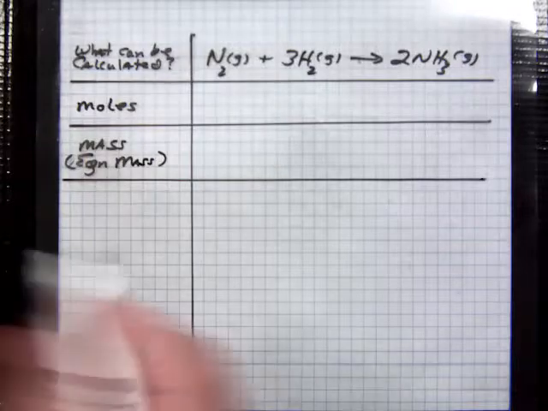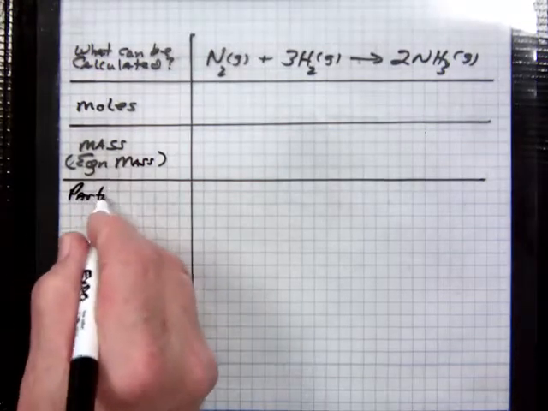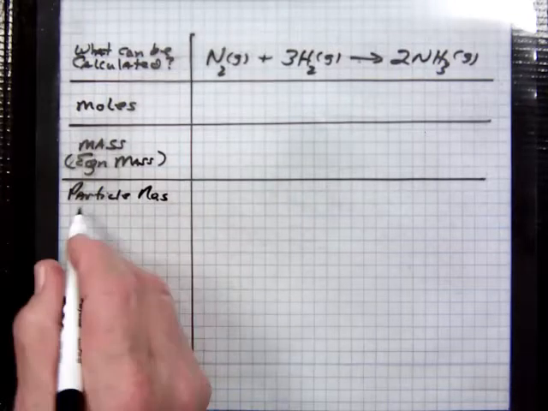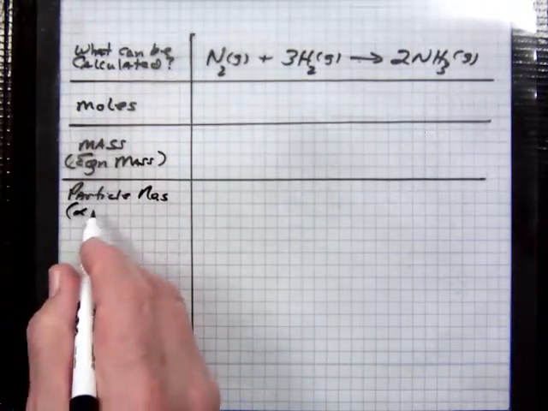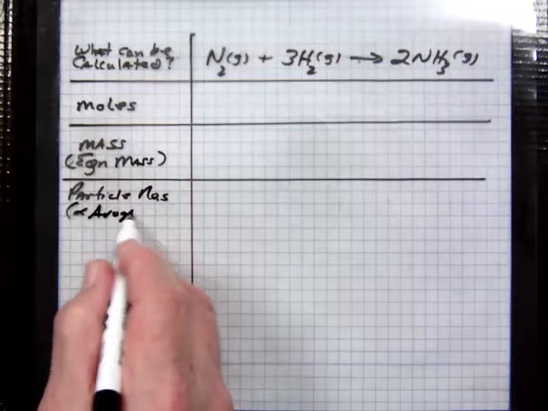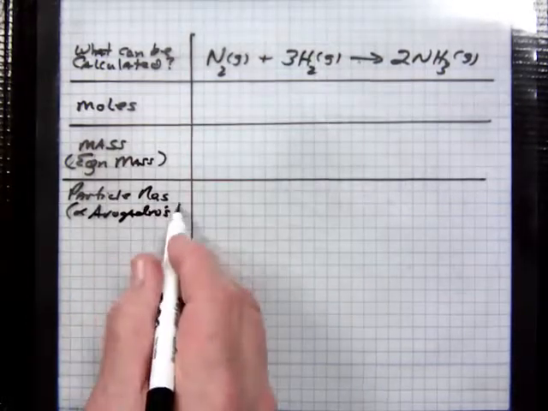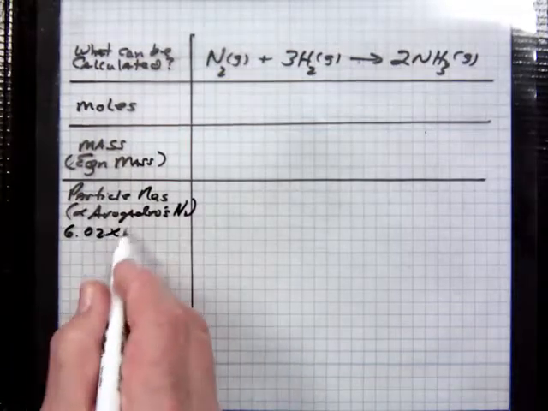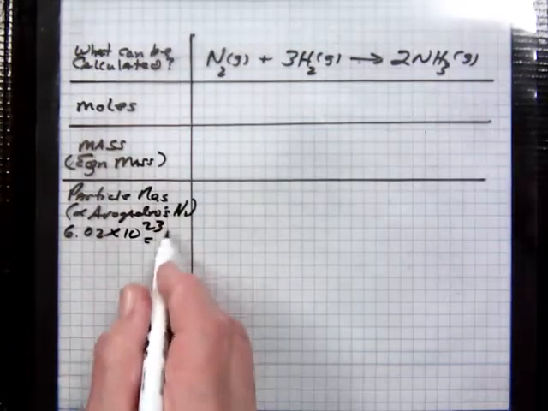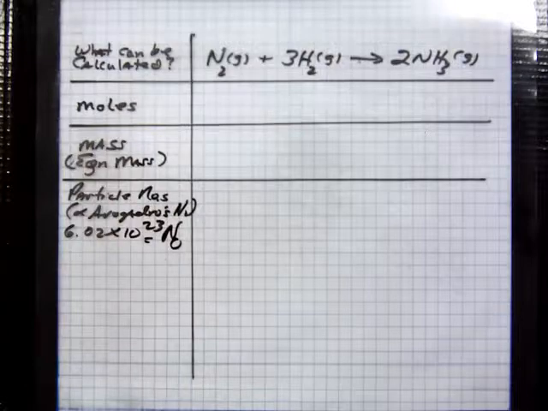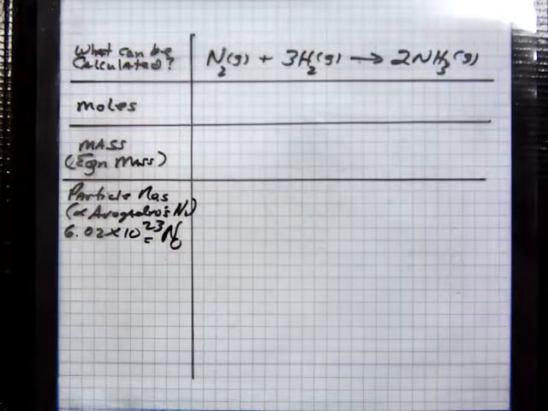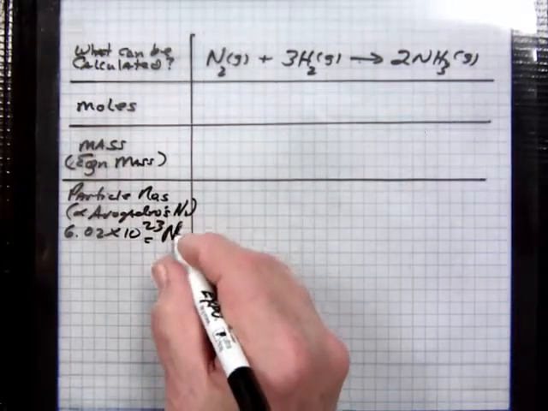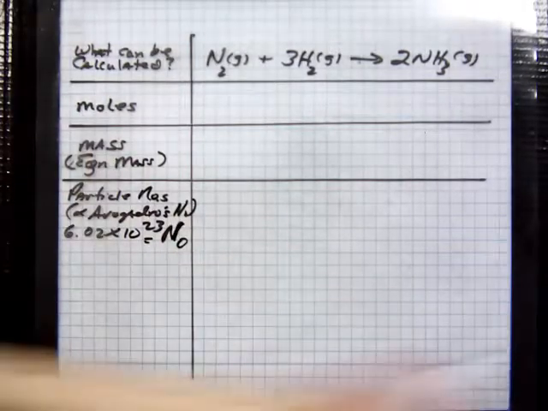Particle numbers. And this is proportional to Avogadro's number. That's 6.02 times 10 to the 23rd, and it's given a capital M with a subscript 0 on it. See that? Like that.